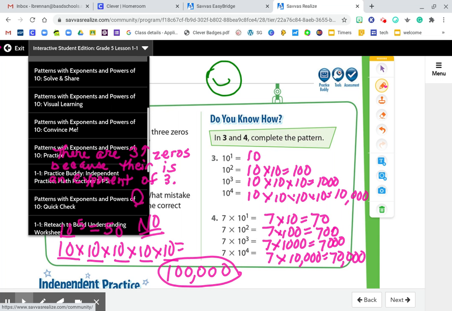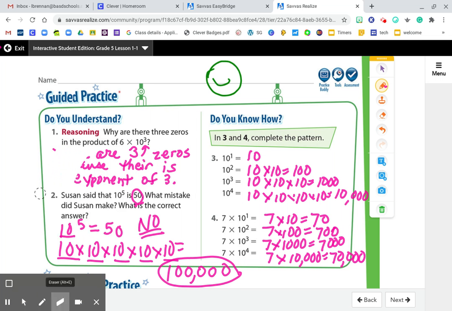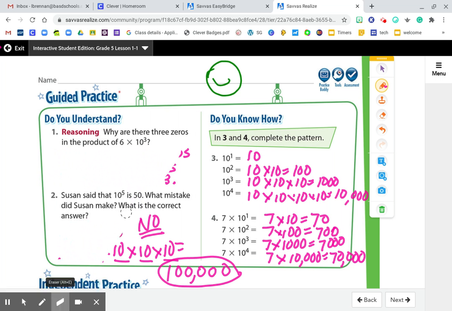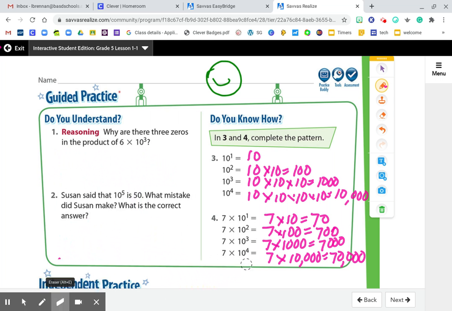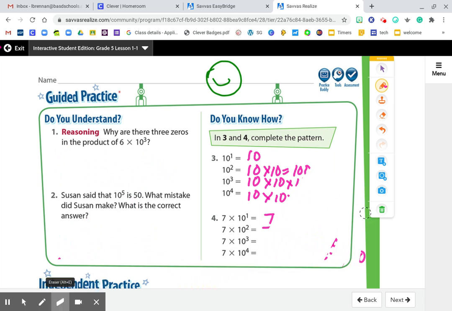Let me get rid of this stuff here. It's hard to see. So that's our routine. So we do the solve and share. You watch the video. We'll do some guided practice together. And then you will do the buddy work, as much of it as you can get done. If you're doing well, if you get 5 or more right in a row, you can stop and go right into the quick check.